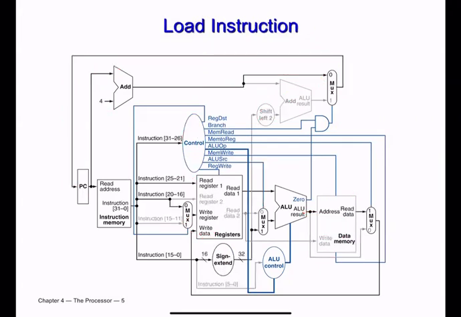If I have a load instruction, for instance, load word as an example, then I will have again the RS, I will have the RT. There is no need for RD, but there is a need for the first 16 bits, and then I will do the sign extension. And then after that, I have to add that or subtract that to whatever I have as an RS.